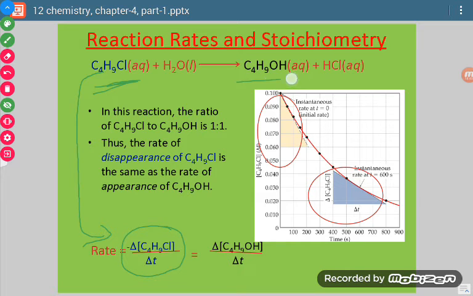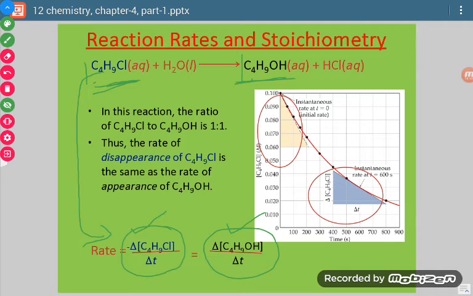The negative sign shows a decrease in concentration, and the positive sign shows an increase in concentration. Since the stoichiometric coefficients are the same, here also 1, here also 1, there is no role of these stoichiometric coefficients in this case.